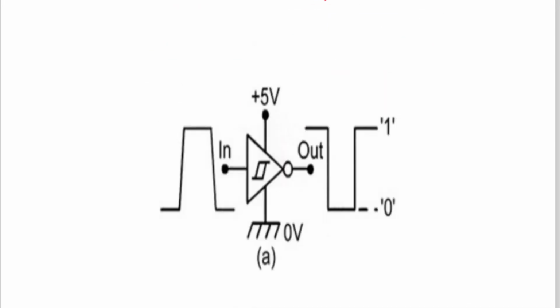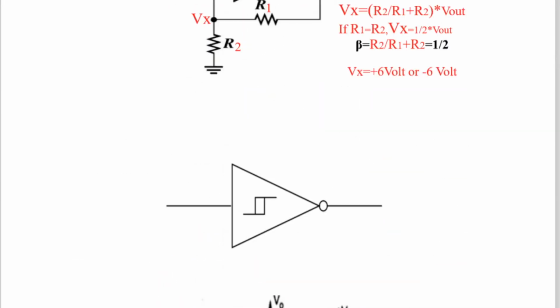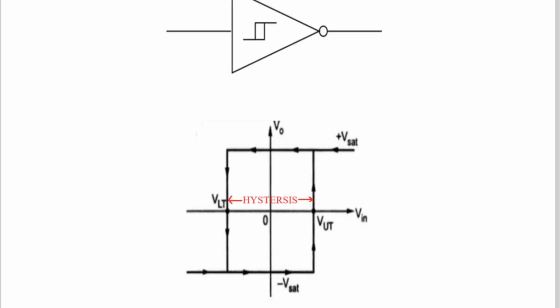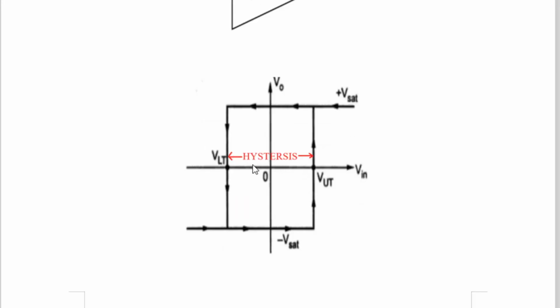And what is the symbol of the Schmitt trigger? The symbol of the inverting Schmitt trigger is like this. Now, here is the hysteresis again. Same thing. Either the output will be Vsat plus or Vsat minus. There is no change in the output of the op-amp, but you can change the width of hysteresis.